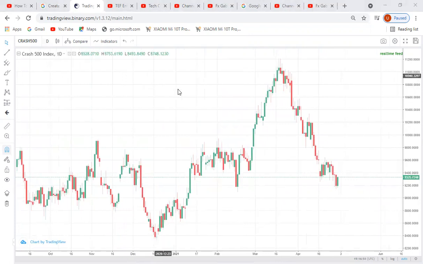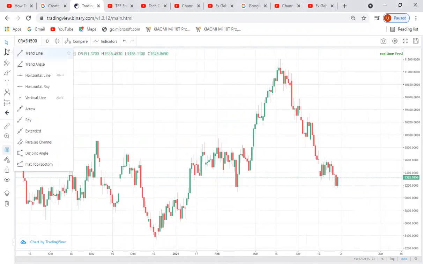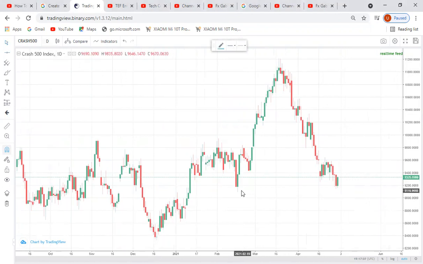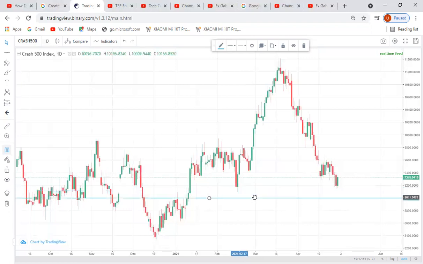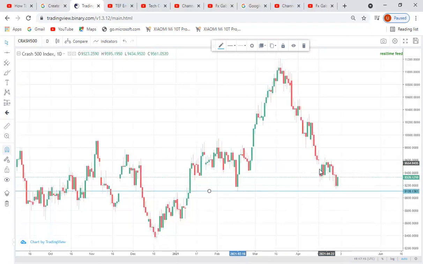Majorly from the daily time frame, we have our support zone. It's supposed to be around this level. So you can see that is why it's buying.